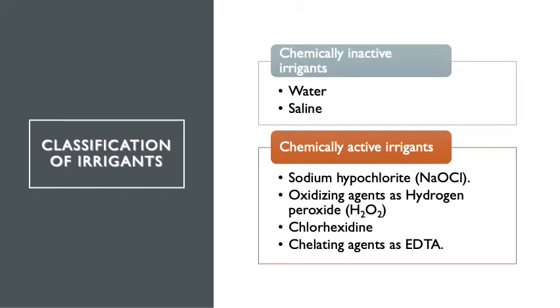A very important part of the irrigation basically is to be able to introduce it. So it does not matter if the irrigant has a very broad spectrum antimicrobial effect or not, if you can't introduce it inside the canal to the correct depth. So basically, to do that, you need the right type and right size and gauge of the needle for the syringe.